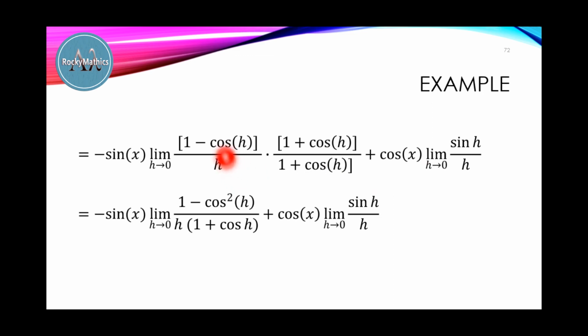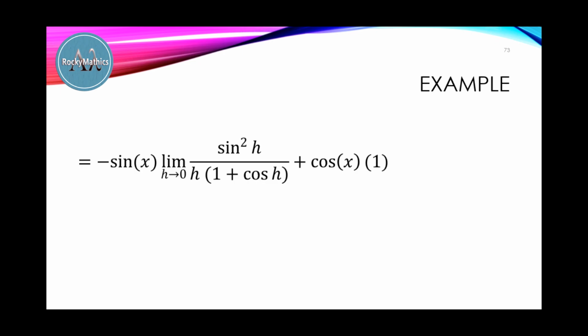If we multiply, this is equal to 1 minus cosine squared h. Then h times this is equal to h times quantity 1 plus cosine h. There is another equivalent of 1 minus cosine squared h using the trigonometric identity, and that is sine squared h.